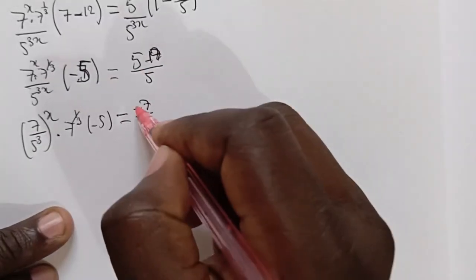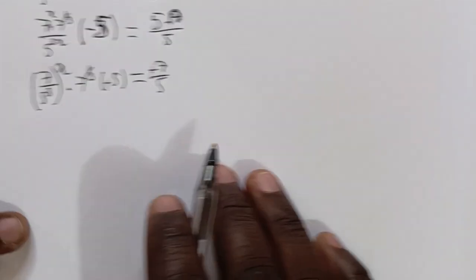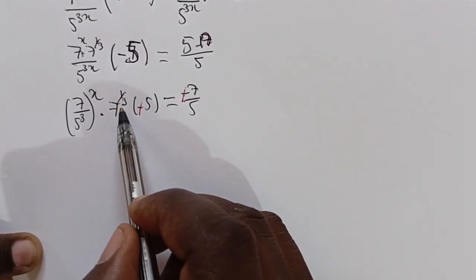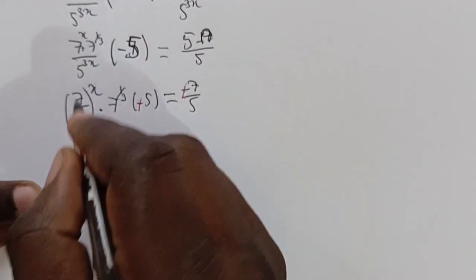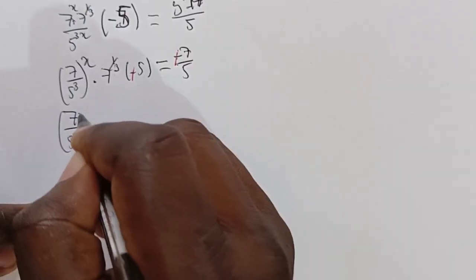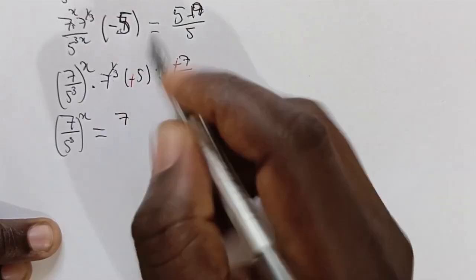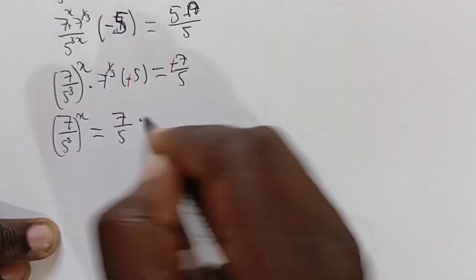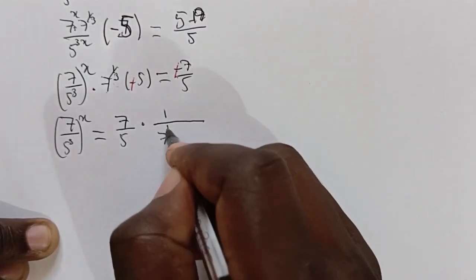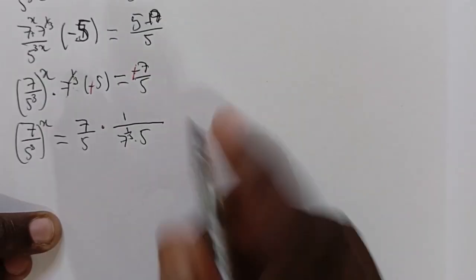This minus can simplify this to be positive, and I need to divide both sides by 7 to the power of 1 over 3 times 5. Here I have 7 over 5 to the power of 3 raised to x, and this is 7 over 5 times 1 over, dividing this here, is 7 to the power of 1 over 3 times 5.